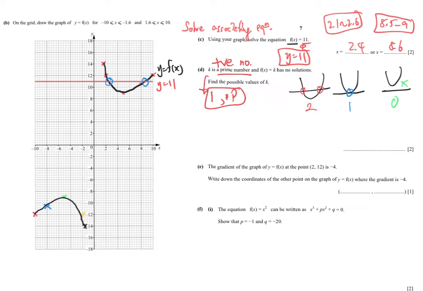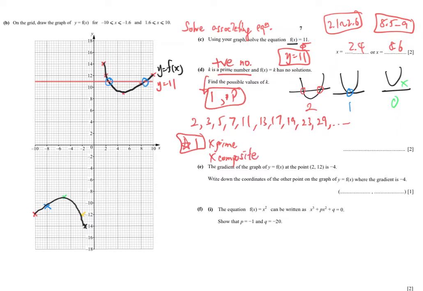For example, the prime numbers are 2, 3, 5, 7, 11, 13, 17, 19, 23, 29, and so on. Also remember, 1 is not a prime number. It's neither a prime number nor a composite number.